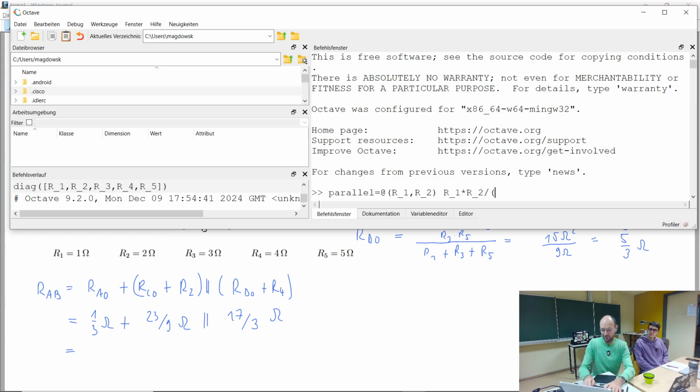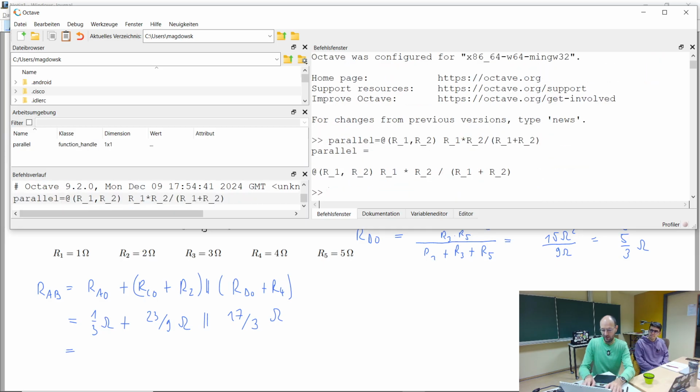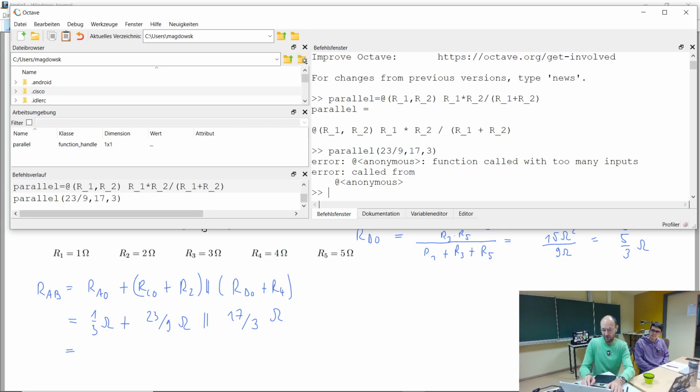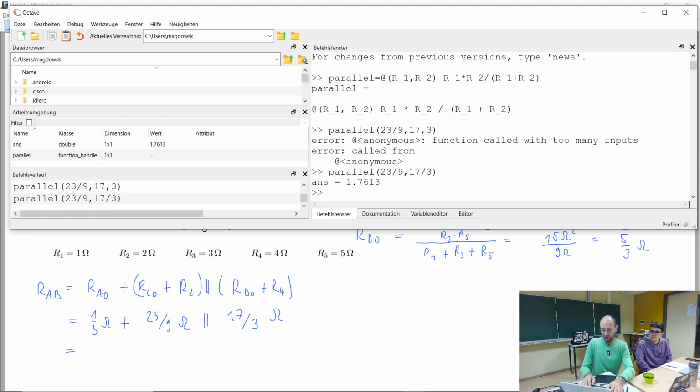So we take the product divided by the sum. And now we can use this to calculate the parallel connection of 23 divided by 9 and 17 divided by 3. And why does it not work? There is a comma. So, okay. And so we get 1.7 something. And then we calculate this plus 1/3.